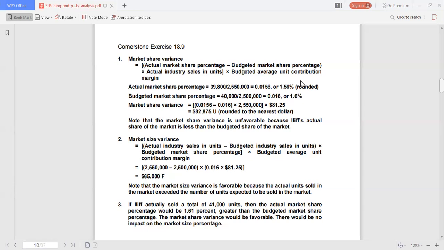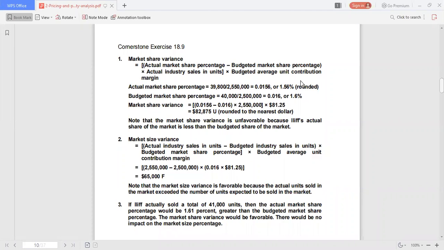Actual industry sales in units minus the budgeted industry sales in units. We multiply by the budgeted market share percentage times the budgeted average unit contribution margin.